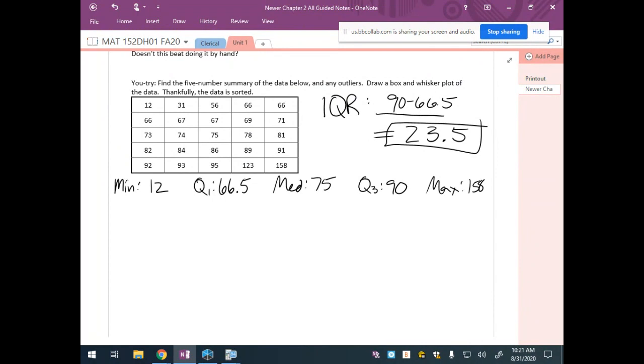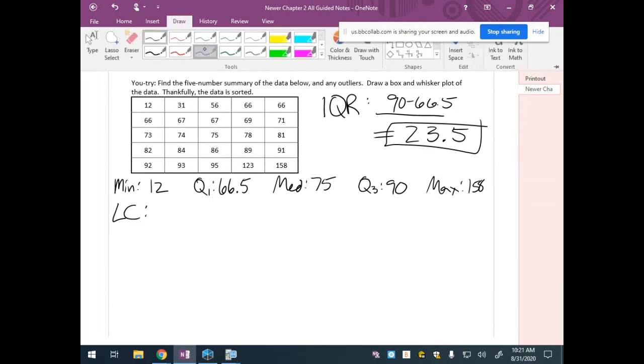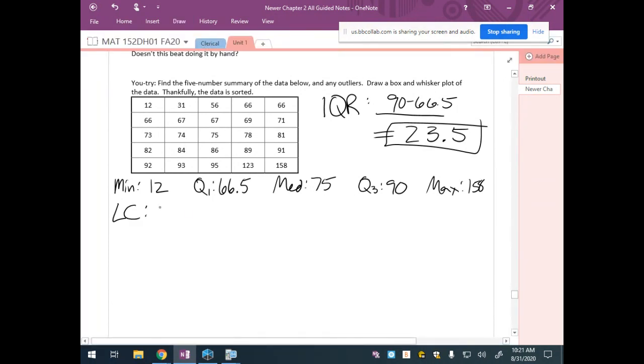So now we want to determine whether we have any outliers. Well, we'll have the lower cutoff, and I recommend putting this on your little formula sheet. It would be 66.5 minus 1.5 times 23.5.